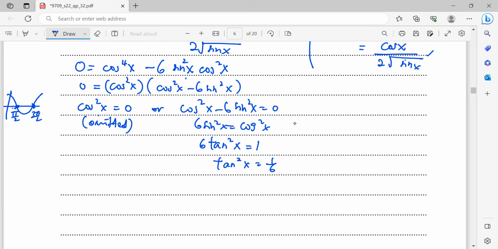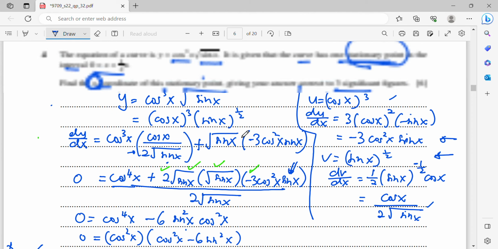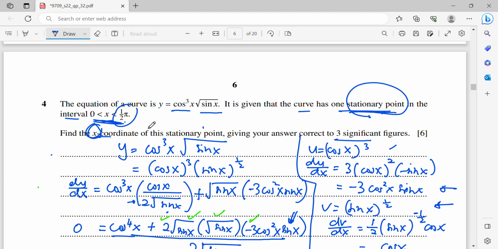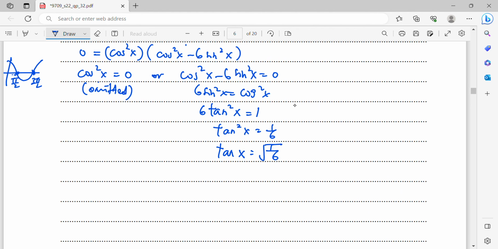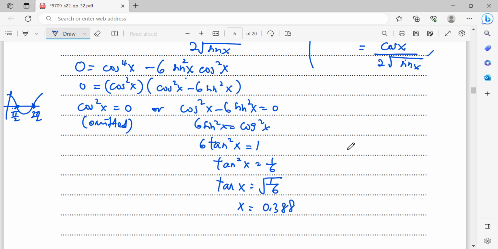And now we will only accept tangent x as positive square root of 1 over 6, because it's mentioned that your x is between 0 and half pi. So from here, your x will be 0.388. To get this x value, remember to change the mode of the calculator to radians. Okay, so that's all for this question.